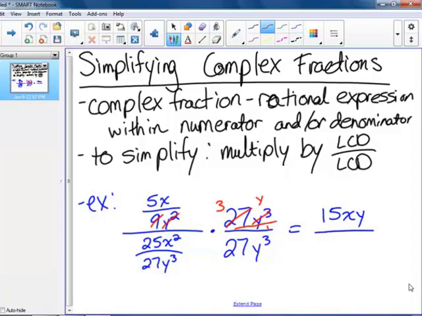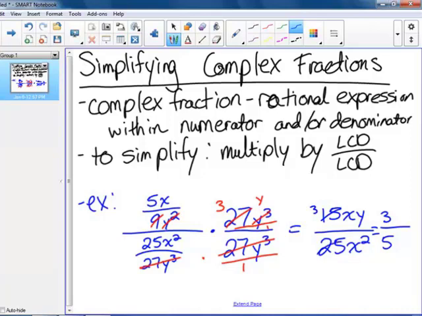Now on the bottom, again, this is like over 1. So 27y cubed, 27y cubed, those cancel completely, and I'll be left with 25x squared. Now, if I can, I'd simplify some more. In this case, I can reduce by 5, so I'd be left with 3 on top, 5 on the bottom.